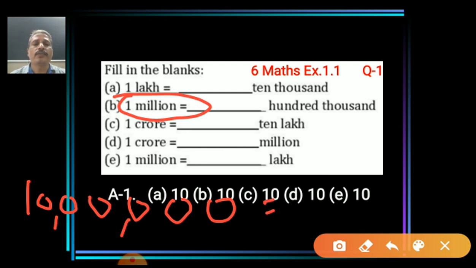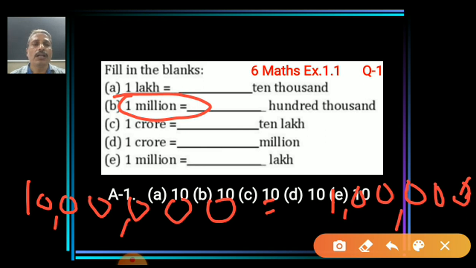Now what do we say on the right side, students? 100,000. So first we can write 1,000, and then after 100, and 100 has how many zeros? 2 zeros. So we can add 2 more zeros. Now see what number this is showing us. This number is a lakh, 1 lakh.